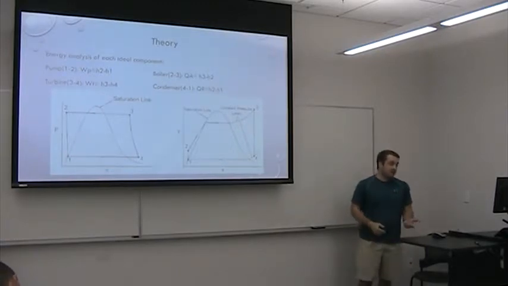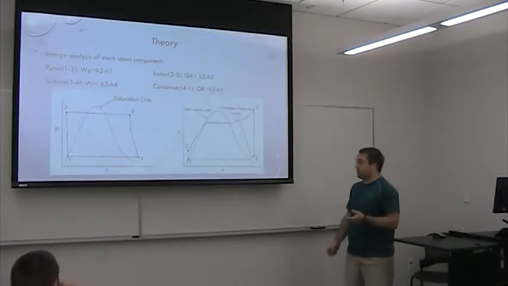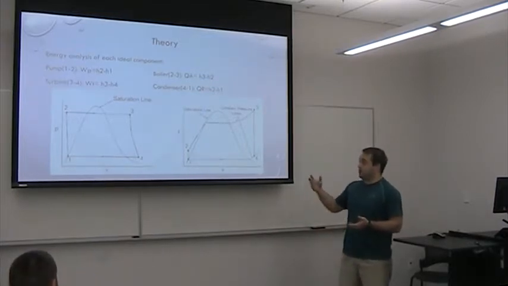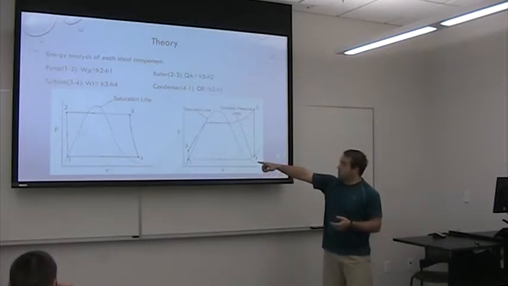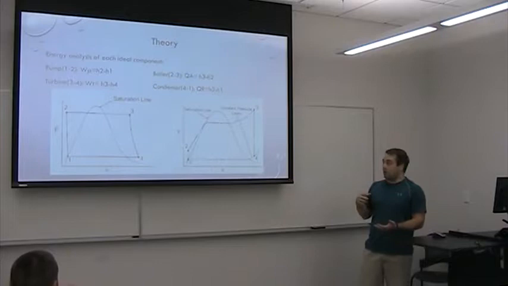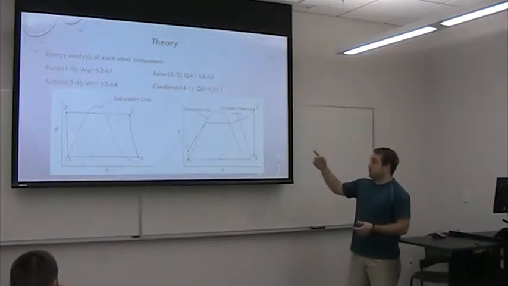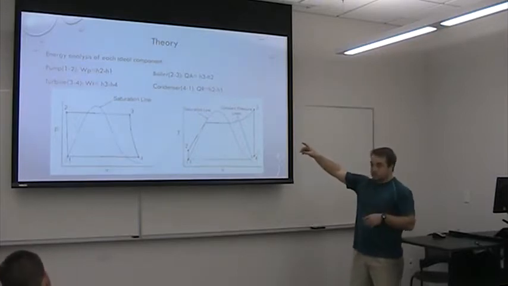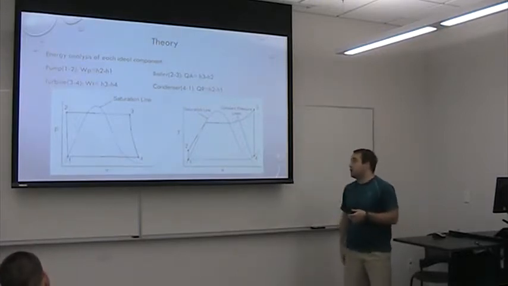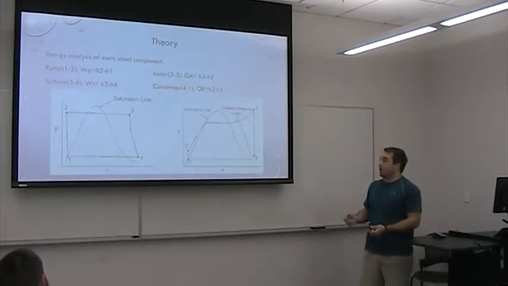So going into the theory, in further detail of what we just went over: for the pump, h2 minus h1 is how you're going to calculate the work put in for the pump. Next, you're going to go to the boiler, and comparing the enthalpy, h3 minus h2, you'll get the heat that had to be input there.